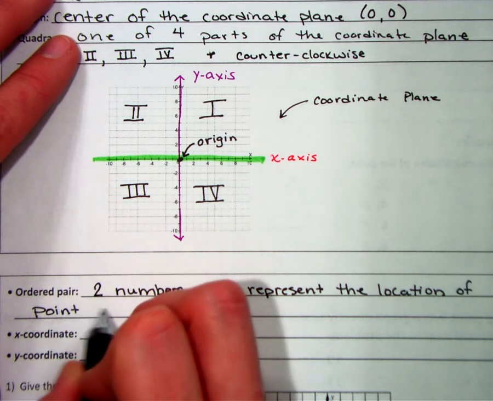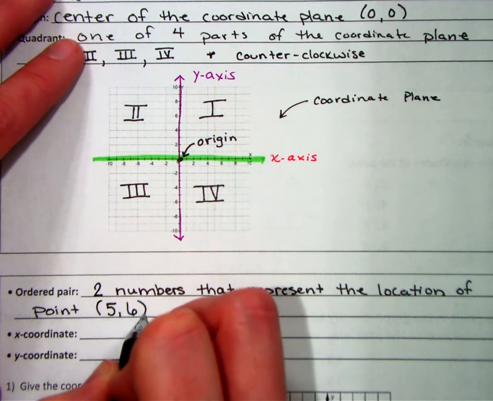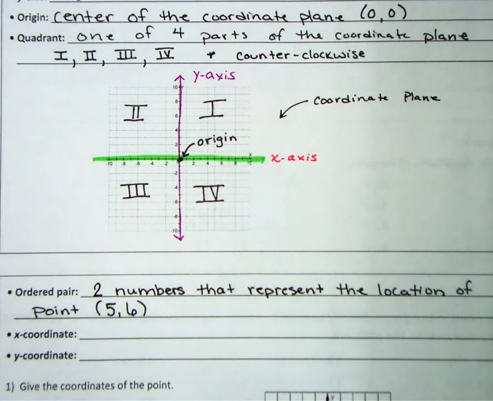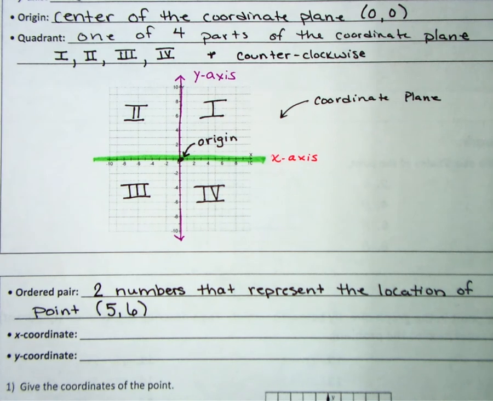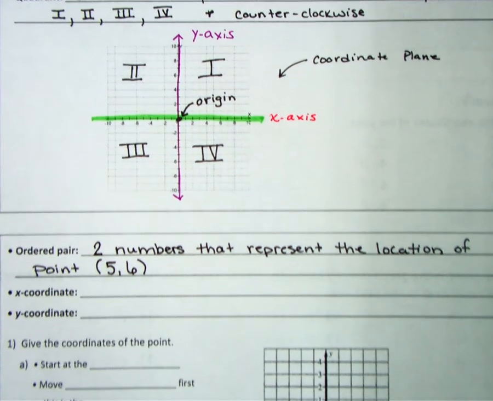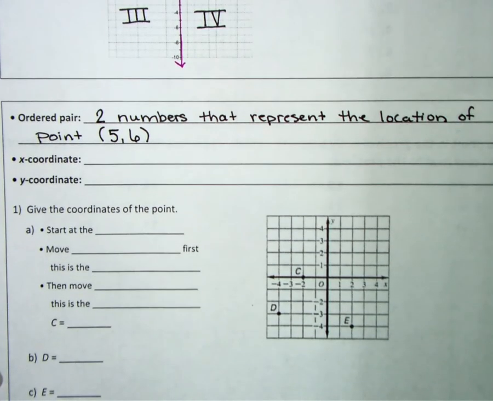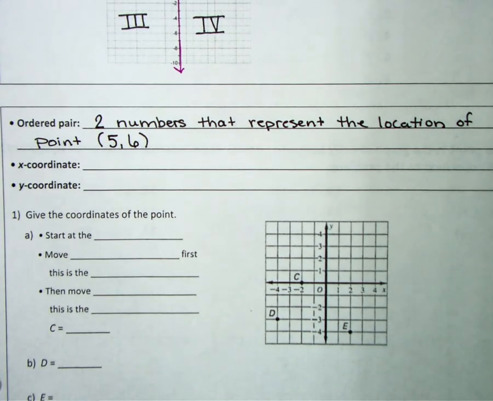So my example was like 5, 6, right? Okay, so that is the location of whatever. It could be the location of a hidden treasure. It could be the location of Krispy Kreme donuts. It could be the location of your house. Whatever. Like it could be anything. It's just a location. Okay?